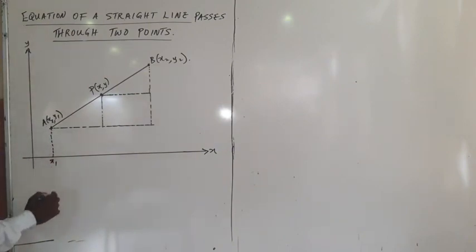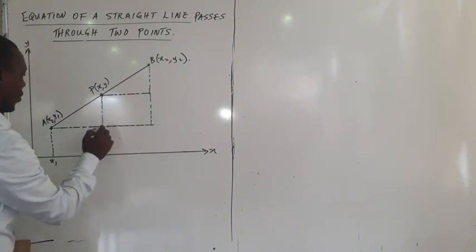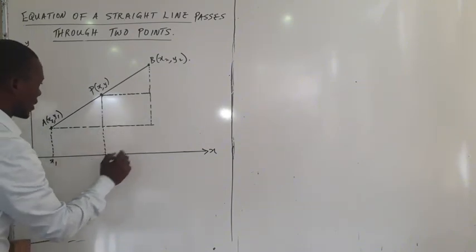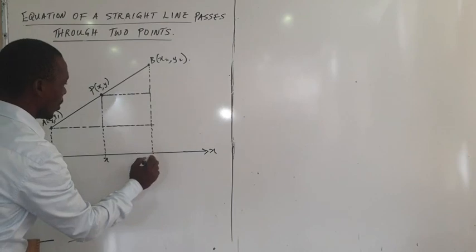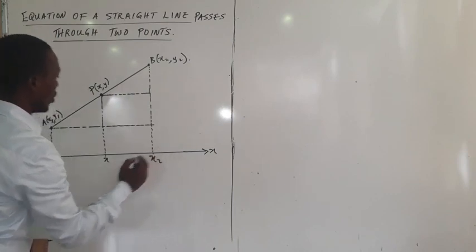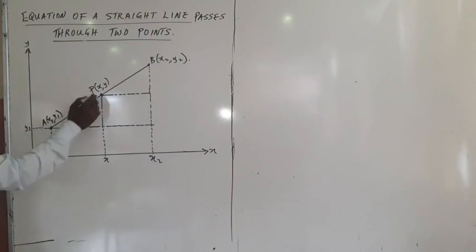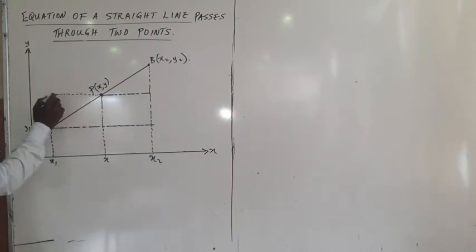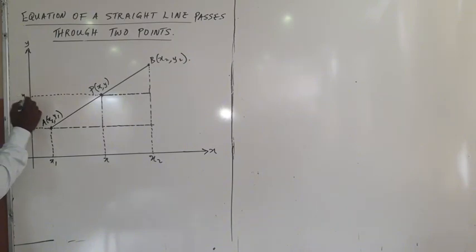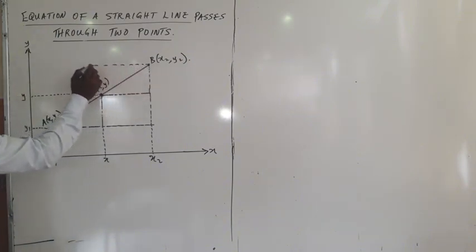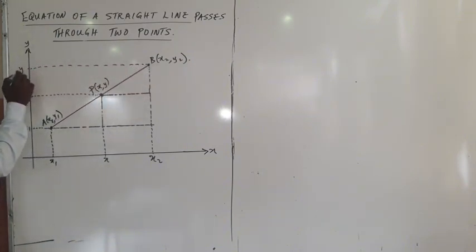So this is our x1, then this is our variable x along the x-axis, then x2. Then along the y-axis we have y1, then at point P we have y, then at point B we have y2.